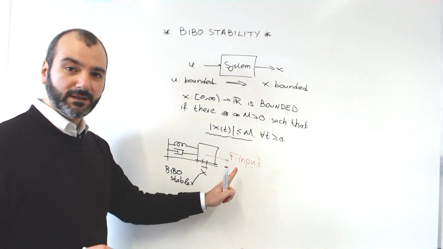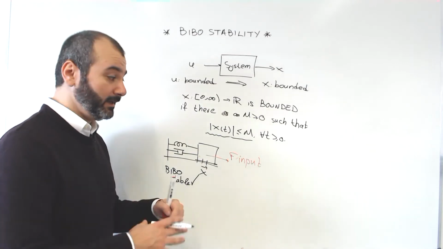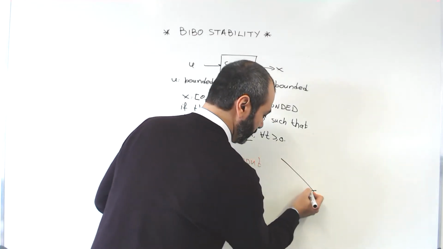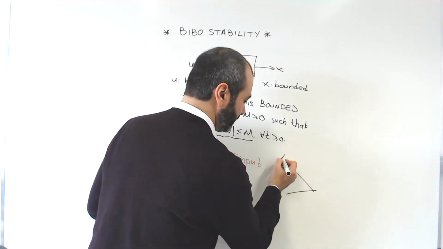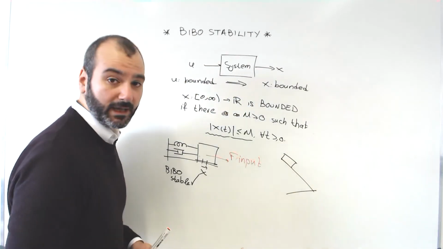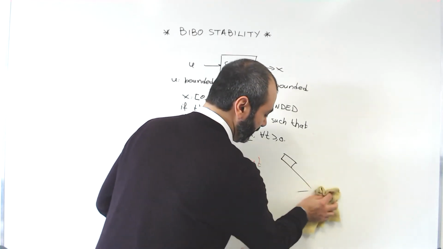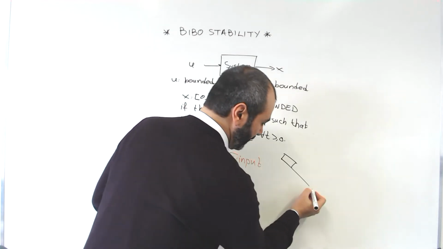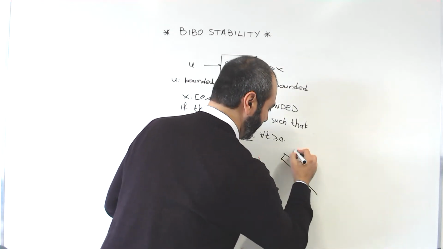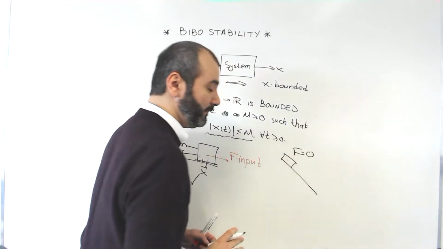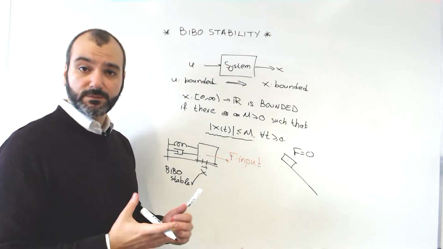Let's have a look at a counterexample, an unstable system. Take here an inclined plane, actually think of it as an infinite inclined plane, and apply a force F equal to 0, which is bounded.